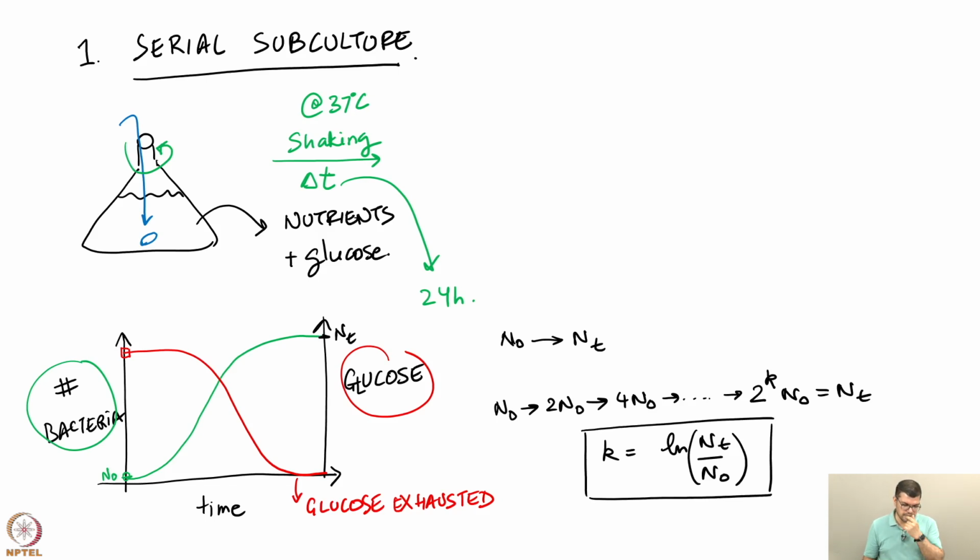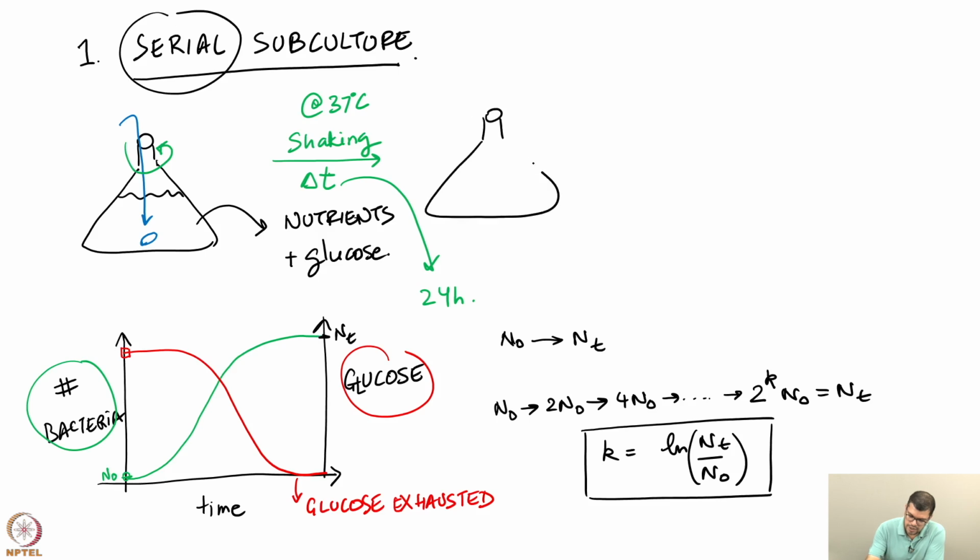But what do I do next? So, this is why this technique is called serial subculture. At the end of this 24-hour period, I have the following setup: I have Nt number of bacteria in the flask.